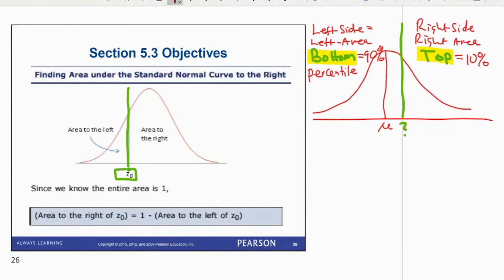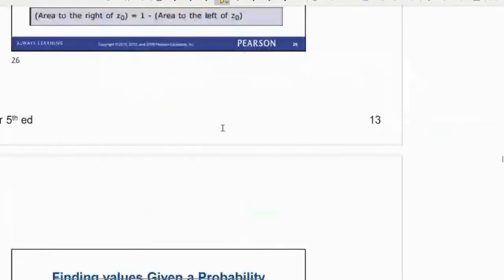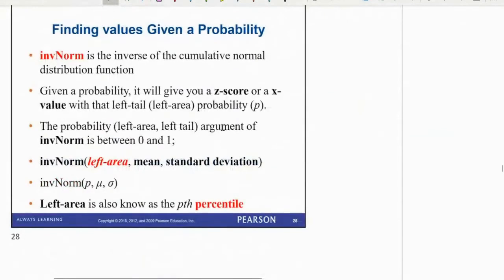Like the P-th percentile. So when we say a percentile, we are referring to the left area, to the left of that line. All right, so percentile means the left area.